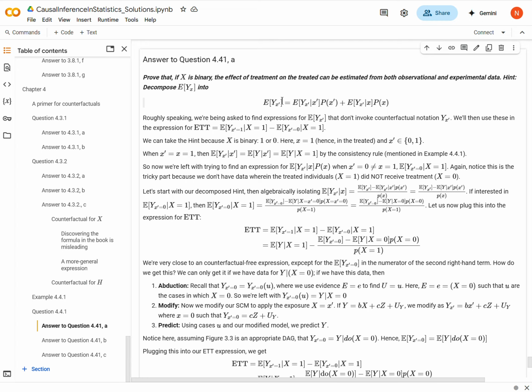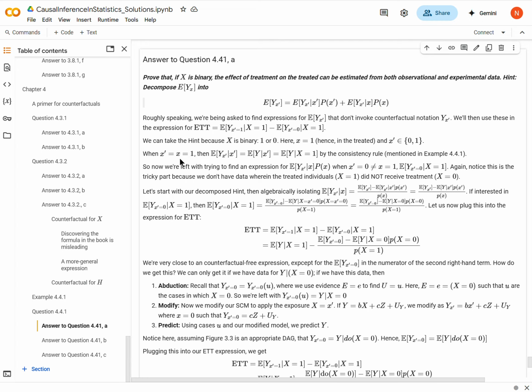Well, this works in the case of binary data because Y is only occurring under one of two values for X, right? When X is one value or the other value. So that's why we can use this decomposition here.